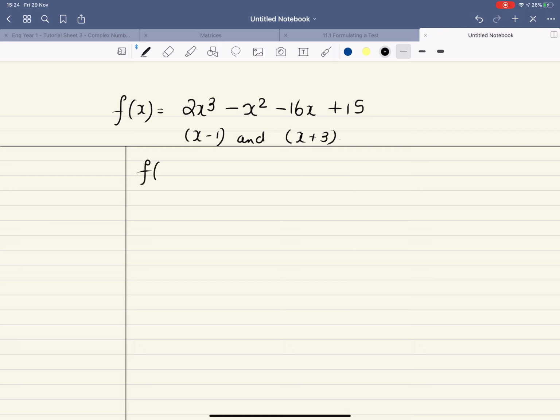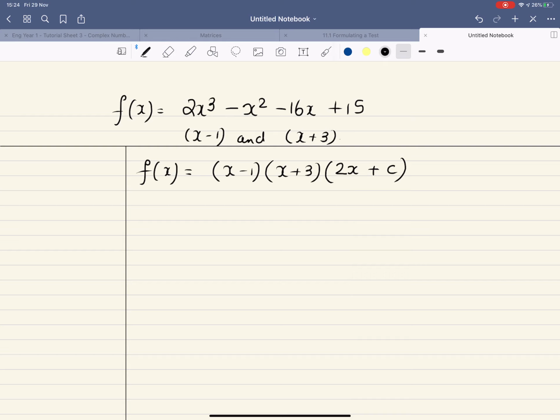So f of x, we know it's going to be x minus 1 times x plus 3, and then there's going to be something else in here. Now, because there's a 2 there, and we haven't got a 2 in the x's already, I know that has to be a 2x. And then there's going to be another number there, and I don't know what that is yet. Well, actually, I do.